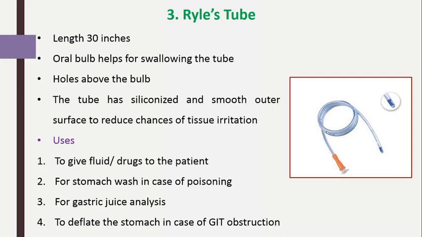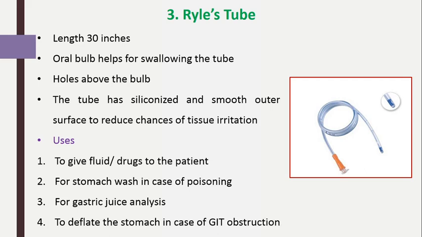It is also used for stomach wash in case of poisoning. We can also use this Ryle's tube for gastric juice analysis, and it is used to deflate the stomach in case of GIT, gastrointestinal tract, obstruction. So this is about the Ryle's tube and its application.